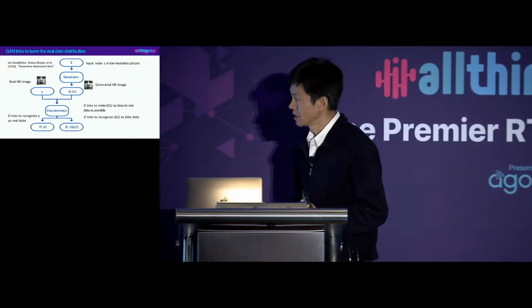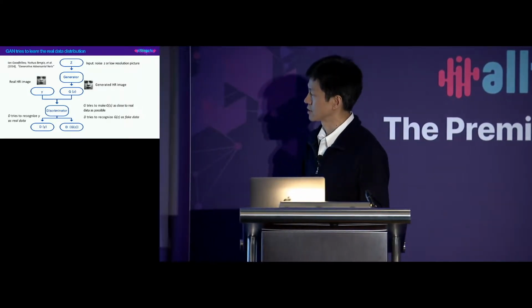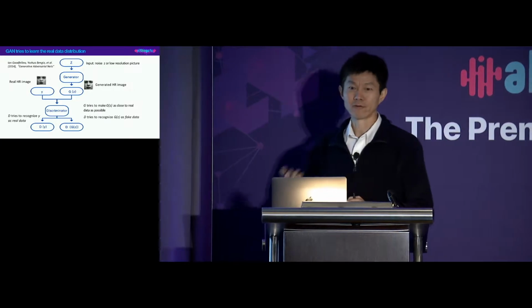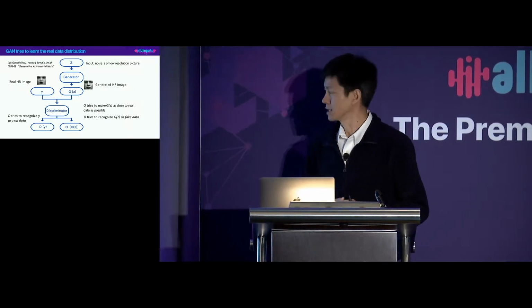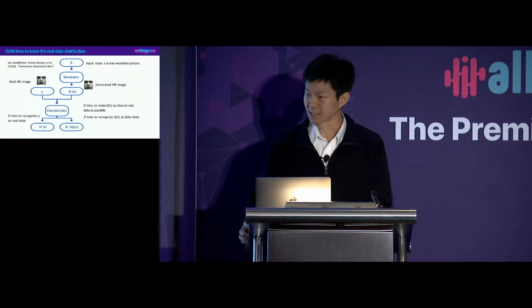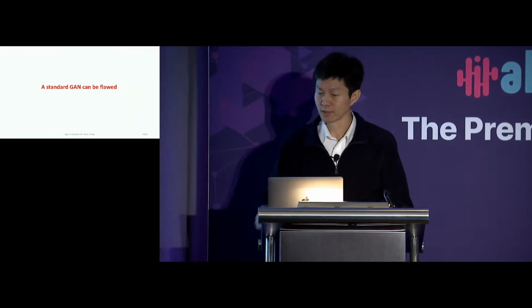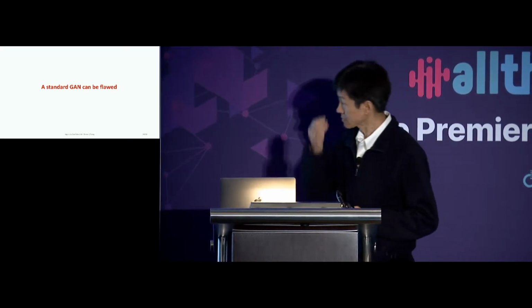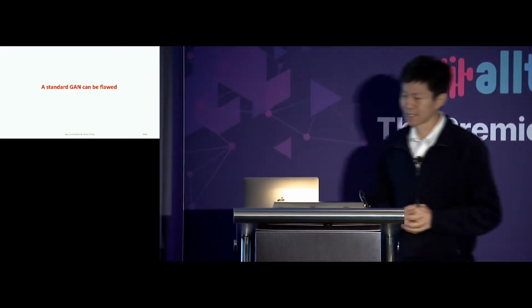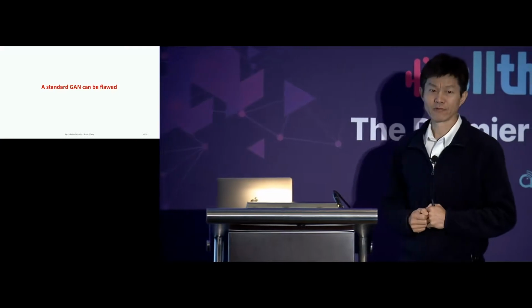At this point, the generator is considered able to confuse the discriminator and generate real-looking data. At that point, we see it has reached the Nash equilibrium. However, a standard GAN model can be flawed.